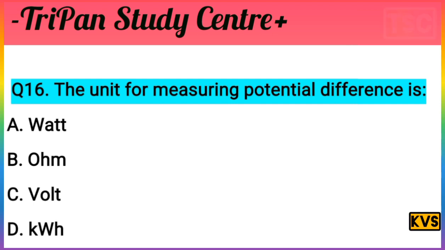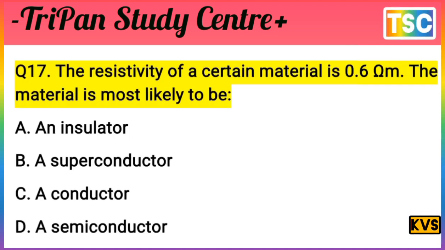Let's see the next question here. Next question on your screen. The resistivity of a certain material is 0.6 ohm meter.